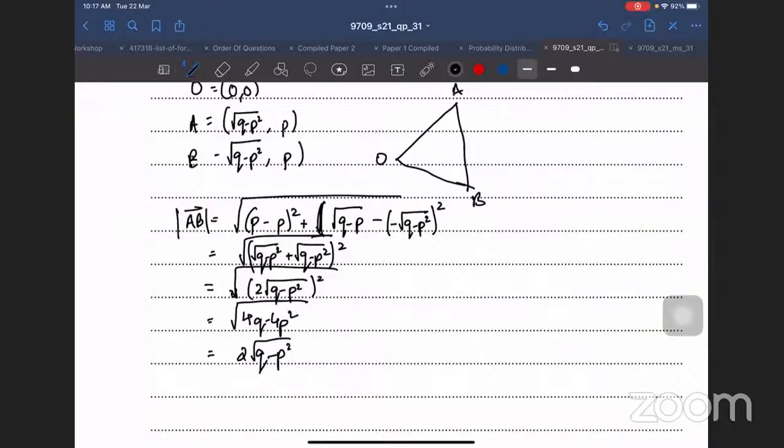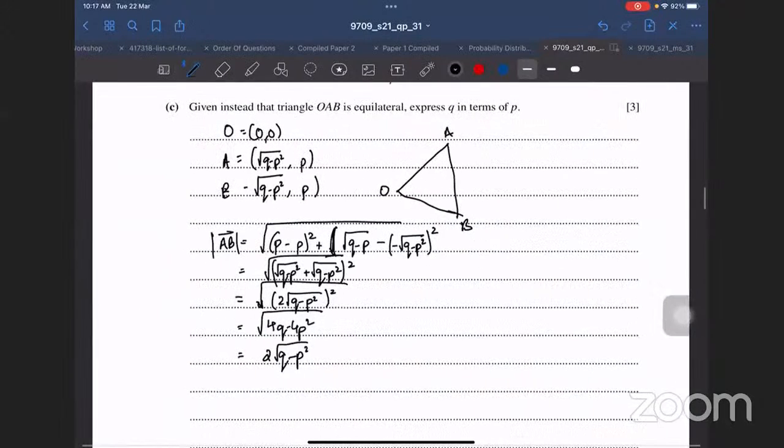So the distance AB is 2 root of q minus p squared.